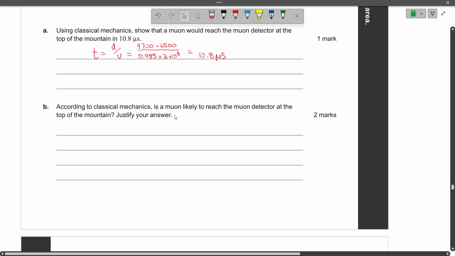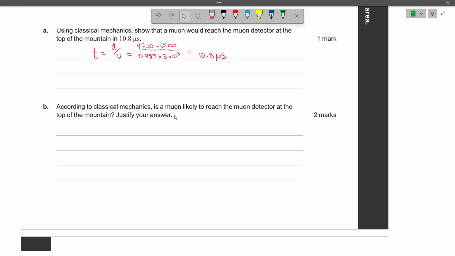So let's work out how many half-lives are in 10.8 microseconds. I'll just say 10.8 microseconds is around 5 half-lives.